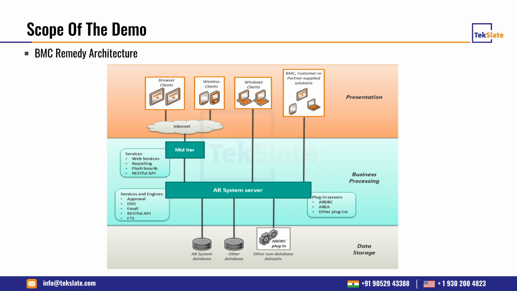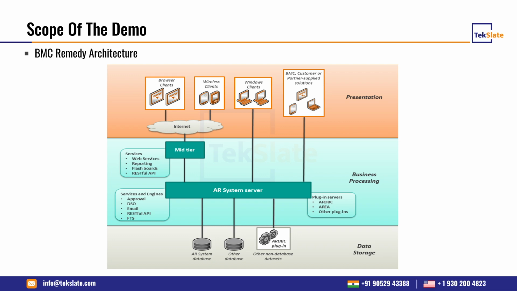It is also a middle layer that does some translation, because different client tools have different ways of communication. Let's say the browser will have a different code, and mobile will have a different code. All this is translated and the data is sent to the business processing layer, which does the actual job. If data has to be processed, it then goes to the data storage layer.